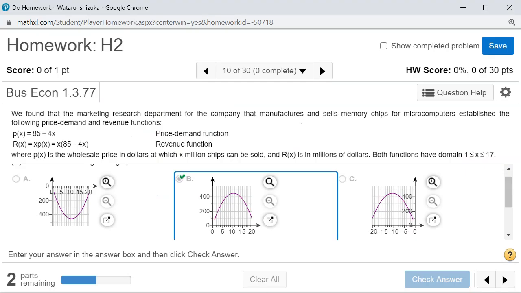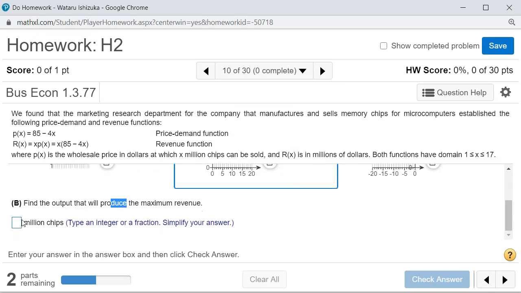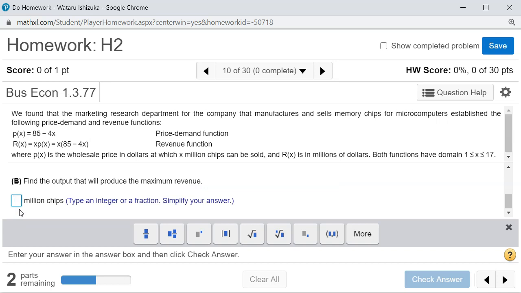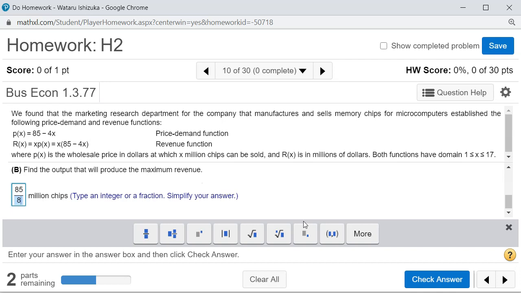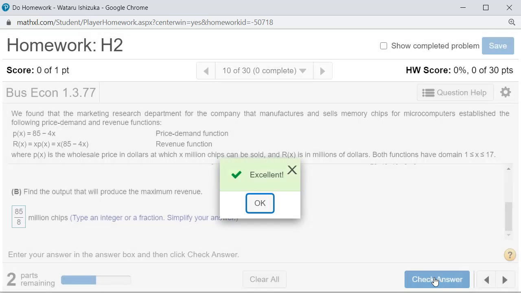So let's see if we can type it in. All right, type in integer or fraction. Okay, so it was 85 over 8 million chips. So check the answer. All right, we got that.